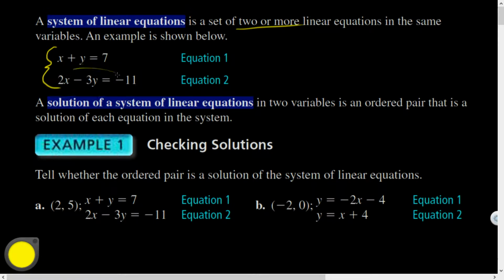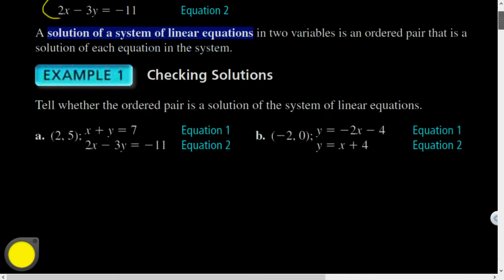As far as a solution of a system, it is going to be any value of x and y that make both equations true at the same time. If it works in one but not the other, that means it is on this line but not that line. I'm looking for points that are on both lines at the same time.